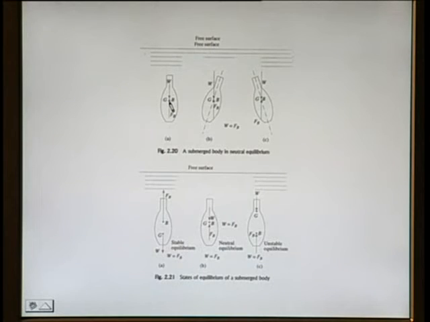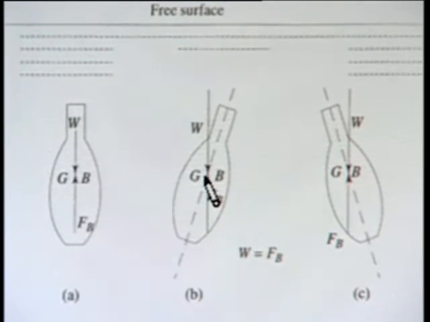Then we may have a third situation when G and B both are lying at the same point. If we have this kind of submerged body where G and B both lie at the same point, and this body gets tilted, then no couple is formed because of the forces applied through G and B, because both are acting through the same point.